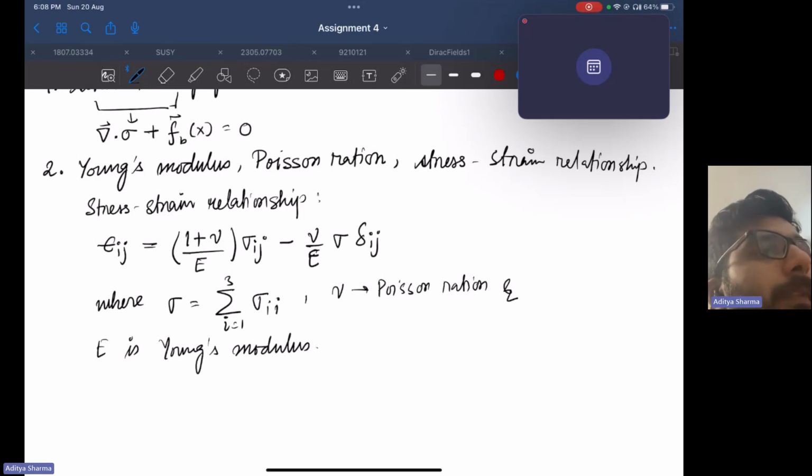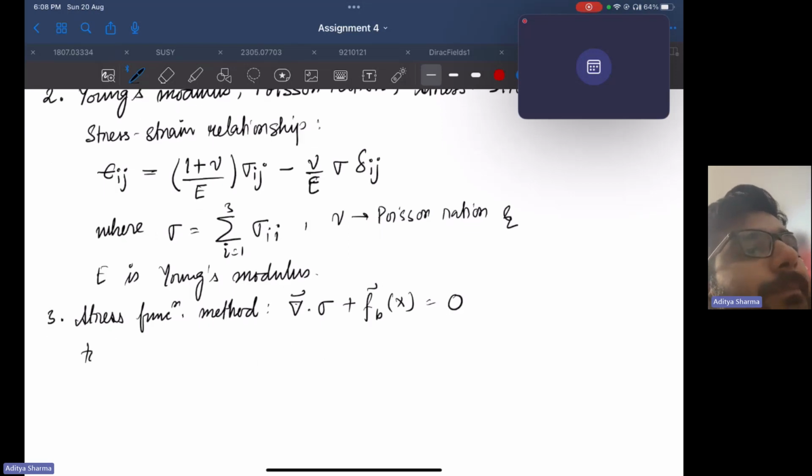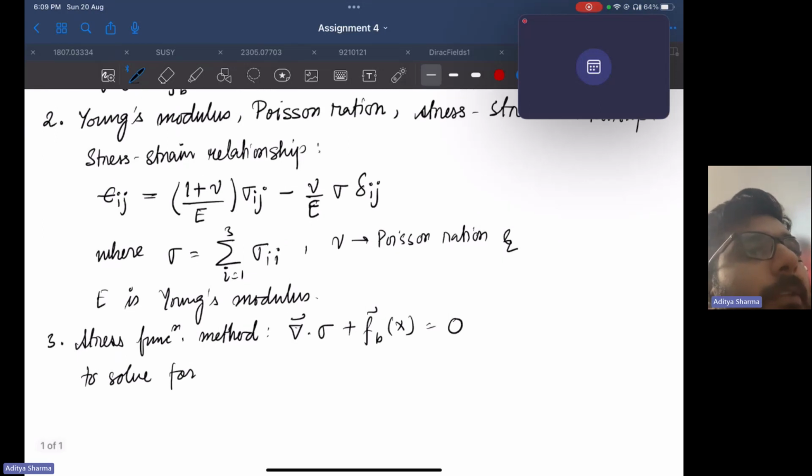Then we studied a method called the stress function method, which is just using this equation and the stress strain relationship to solve for epsilon ij, or sigma sometimes, depending on the problem.